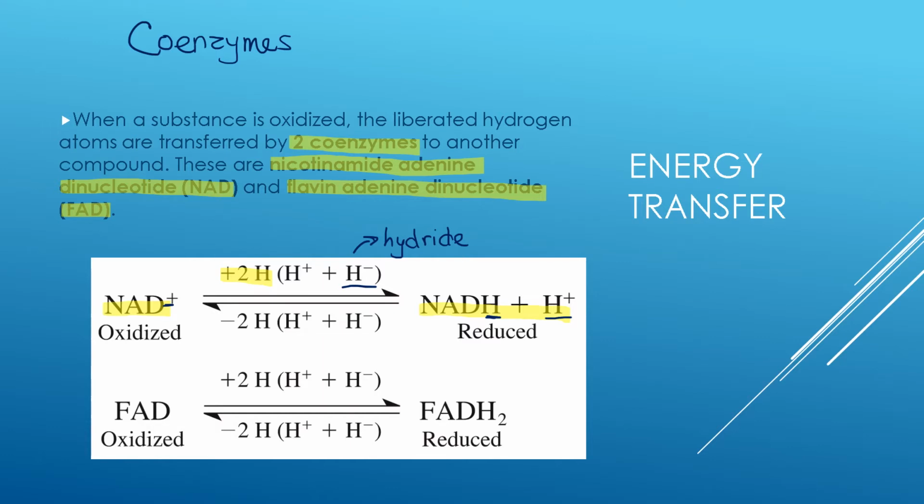Going the other way, when NADH is oxidized into NAD+, there is a loss of the hydride ion from NADH. And this results in 1 less hydrogen atom and then the additional positive charge on the NAD.